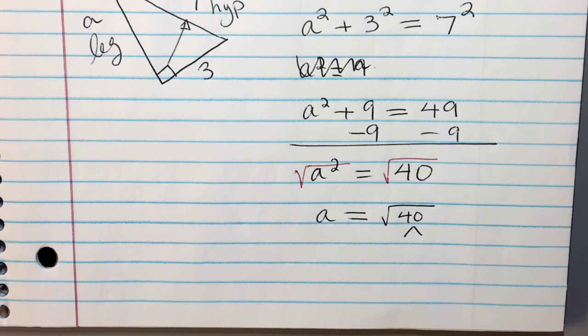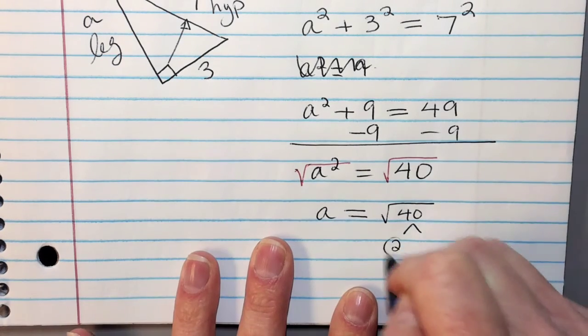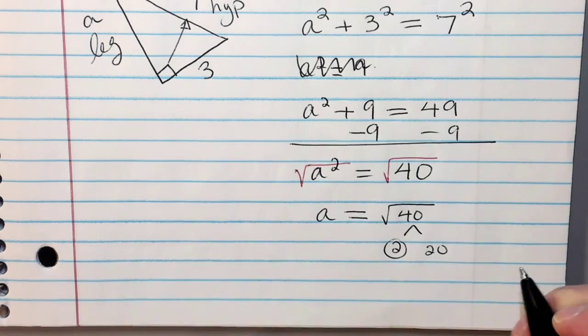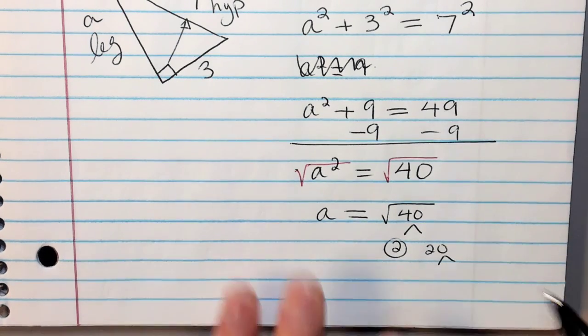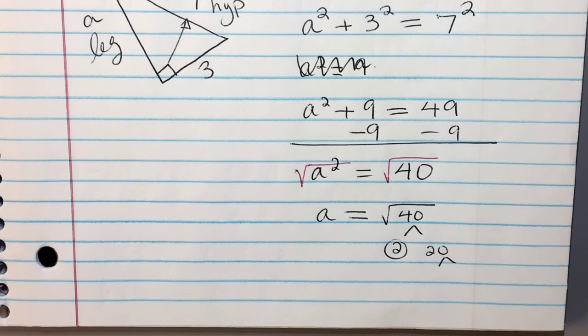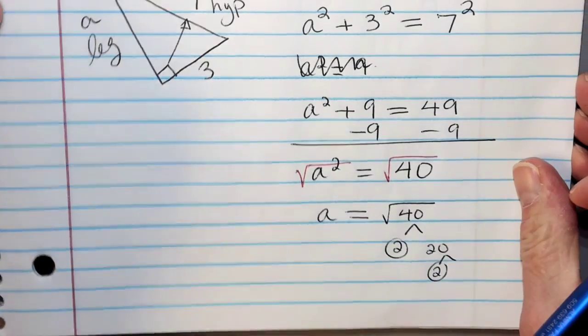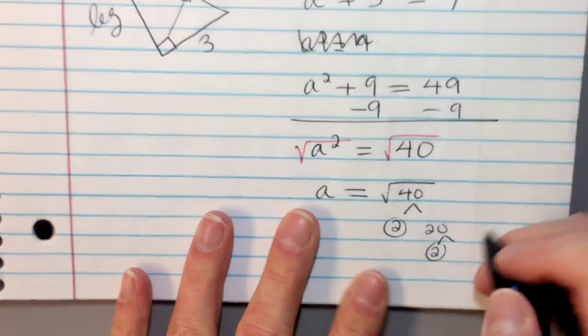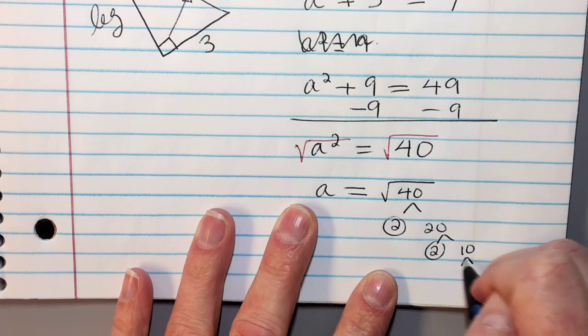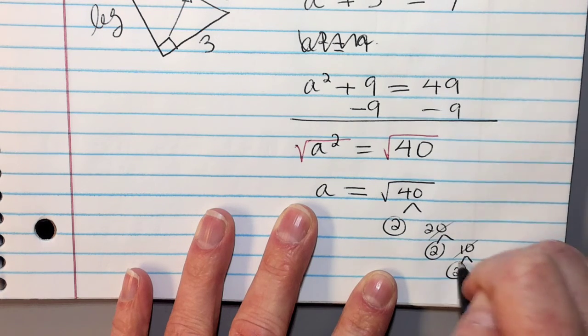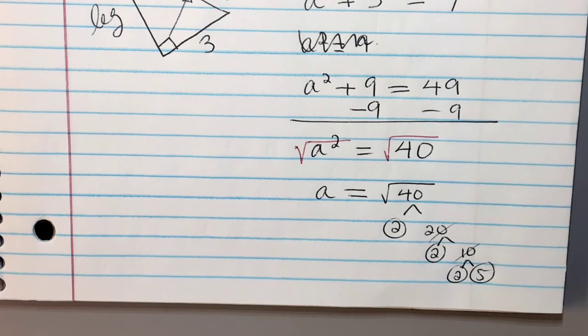Can you guys give me two numbers that multiply to make 40? We can do 2 and 20 or 4 and 10. 2's prime. Okay, I need two numbers that multiply to make 20. 2 and 10. And two numbers that multiply to make 10. 2 and 5.